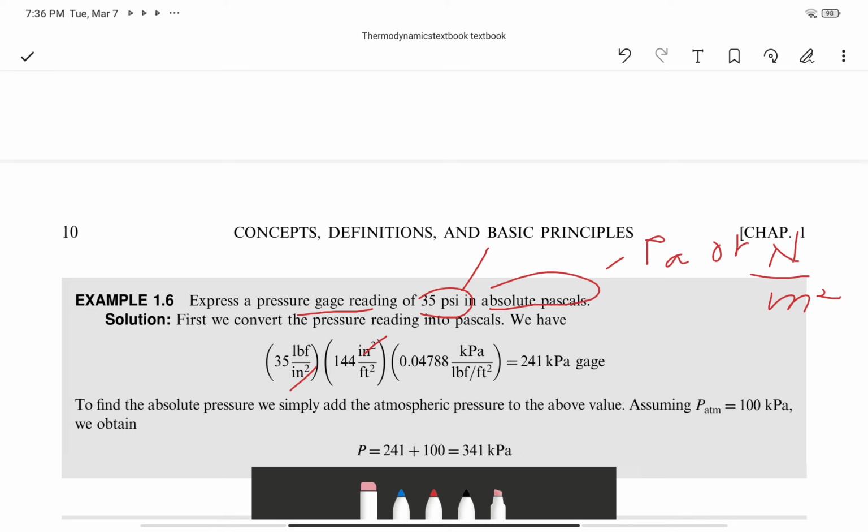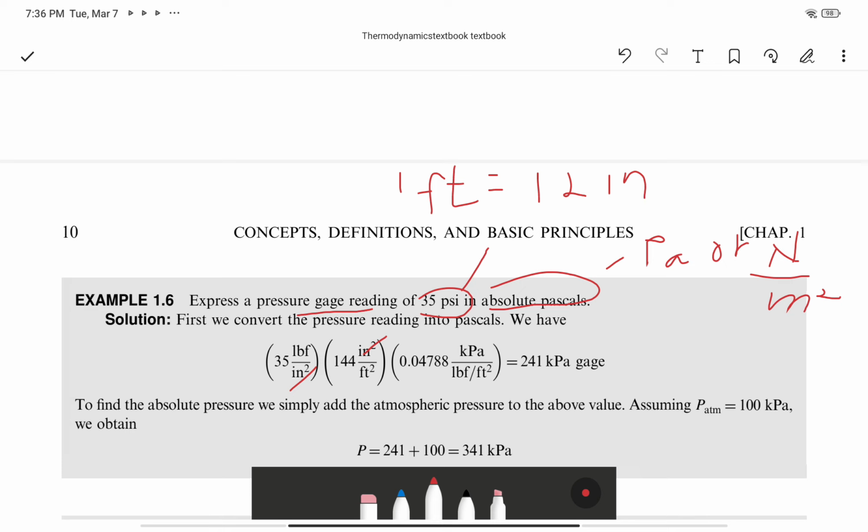So 1 foot square is equal to 144. How do we get that? So that is actually the conversion of feet to inch, right? 1 foot is equal to 12 inches.